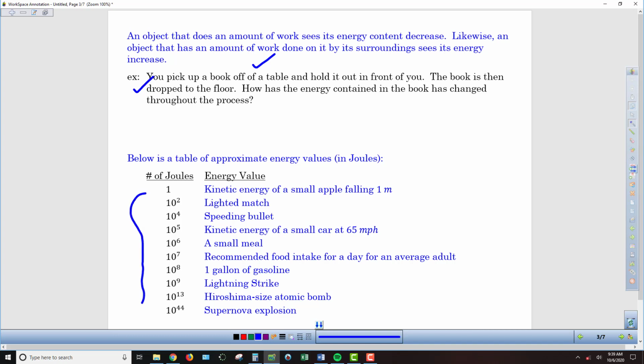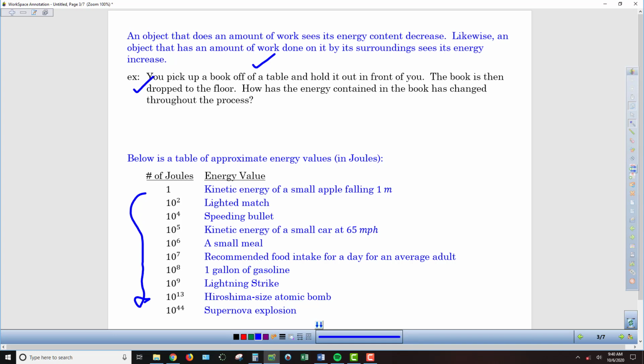And so here, just to give a sense of what a measurement of energy in joules means: from the kinetic energy of an apple falling a meter being 1 joule, all the way to the Hiroshima atomic bomb of 10 to the third joules, a gigantic number, and then just impossible to wrap our minds around is what it looks like when you have a supernova explosion out in space.